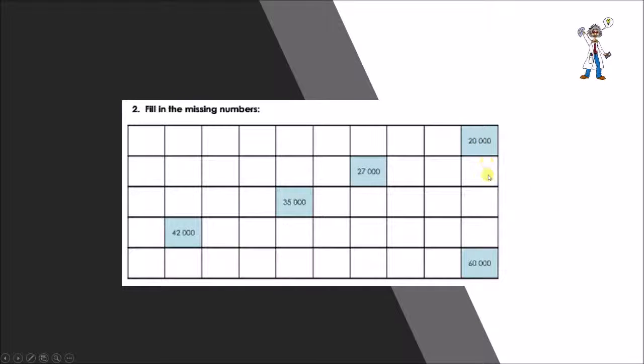Just by looking at this side, I notice that from 20,000 to 60,000 means they are increasing, and that block is halfway. So halfway between 20,000 and 60,000 is 40,000. Now it's easy to see that 30,000 goes in there and 50,000 there.